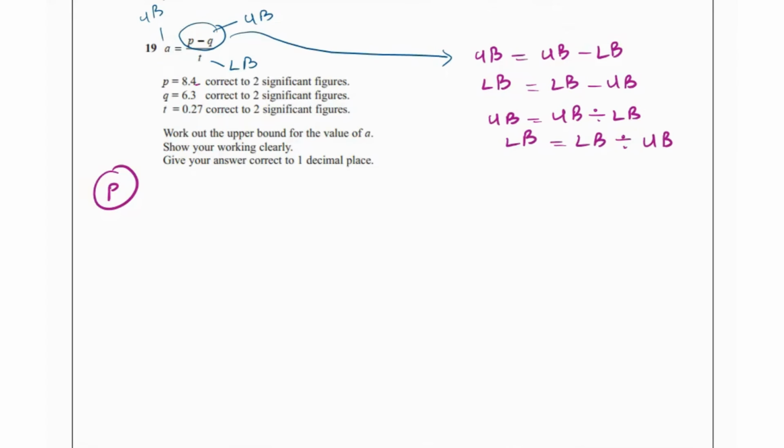Then you need to identify the place value of 4, which is 0.1. Whatever the place value is, you divide that by 2, and that gives you 0.05. So to find the upper bound of P, we do 8.4 plus 0.05, which is 8.45.